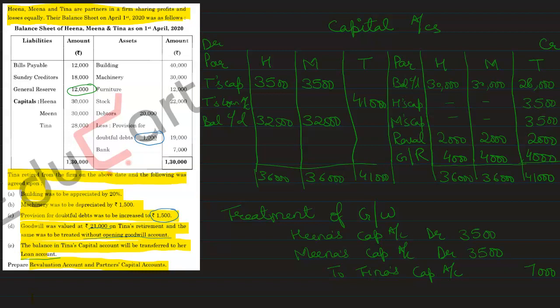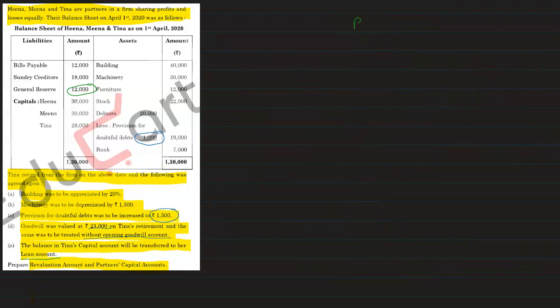But I will also tell you how to make the balance sheet. Assets and liabilities. So here building will be 40,000 plus 8,000, that is 48,000.